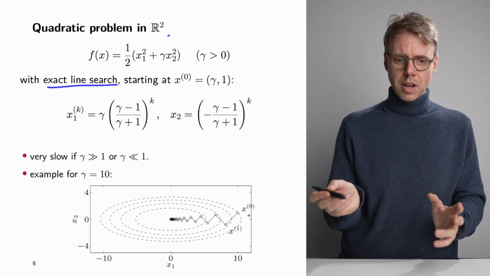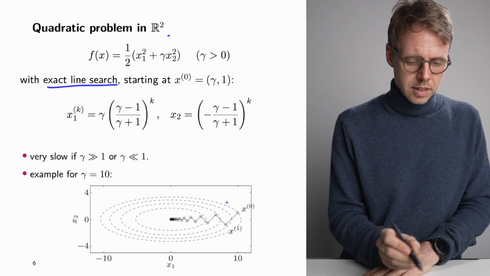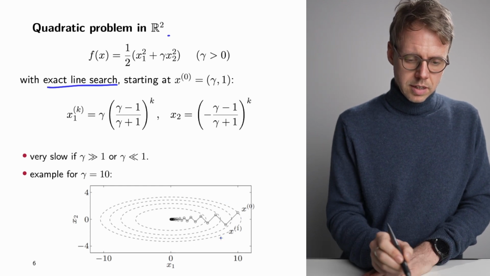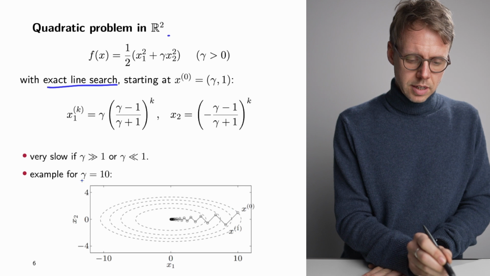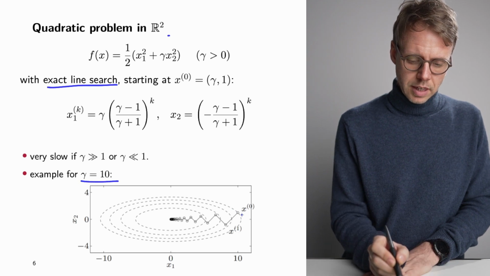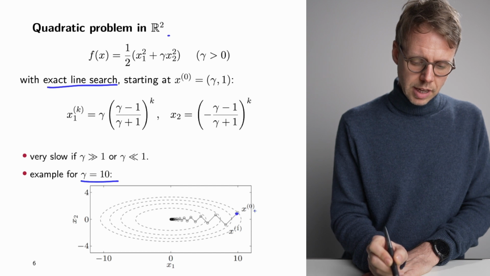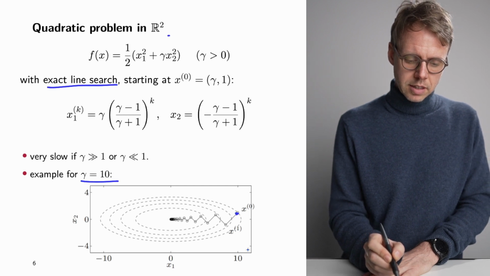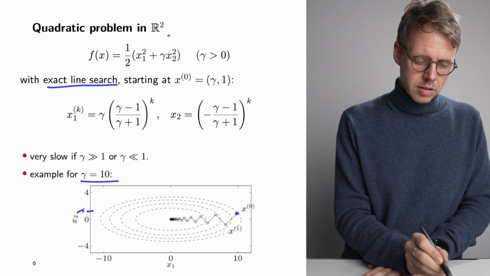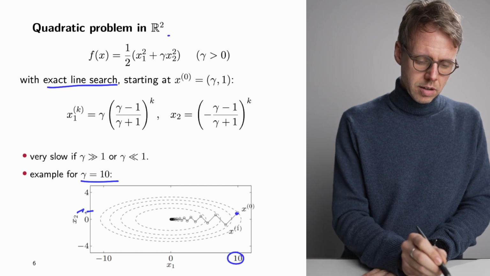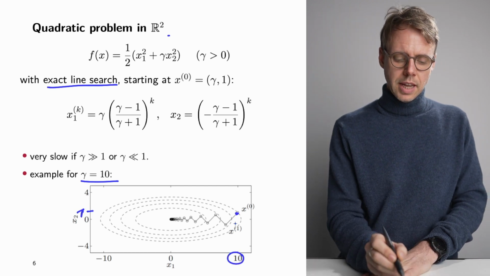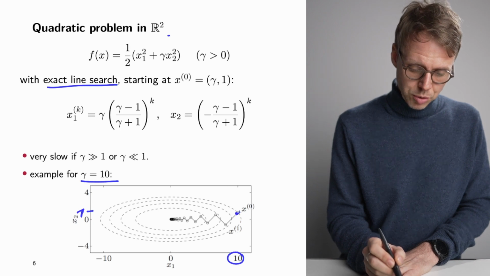In the following graph, you see this function for gamma equals 10. So we start out with x0 here at (10, 1) and iterate.